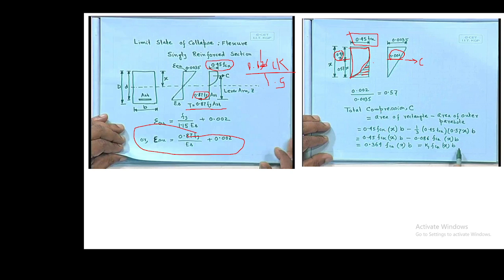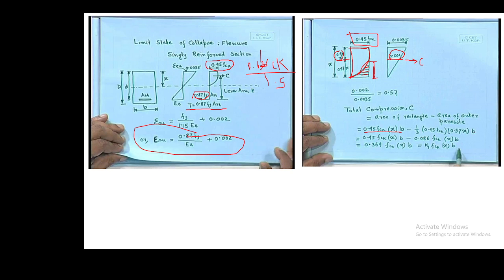That we have calculated here, and minus this, having the area of the outer parabola, which can be calculated as 1/3. It's an approximate calculation. So 1/3 into 0.45 FCK into this value, which is 0.7 x.